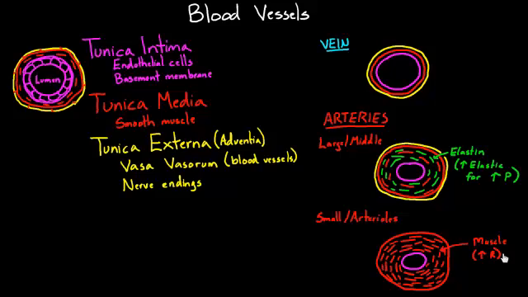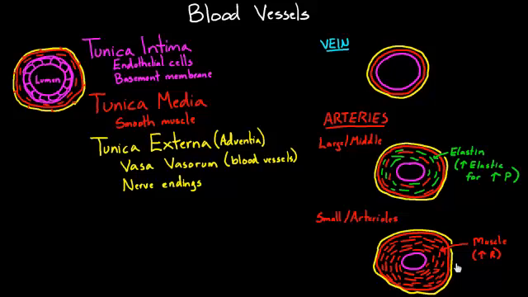So that's why the small arteries and arterioles are really helpful in squeezing down and changing blood pressures. And on the outside, they, as before, have that layer of tunica externa. And this, again, is where the nerve endings go and where the blood vessels, or the vasa vasorum, go. So that's where that layer is.